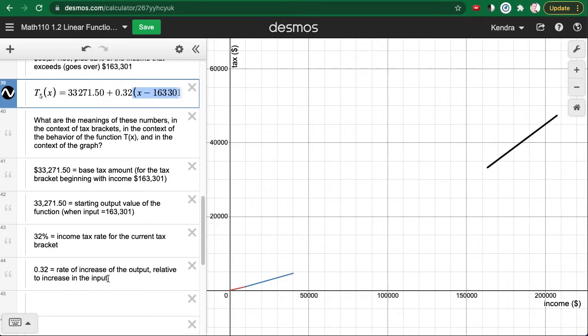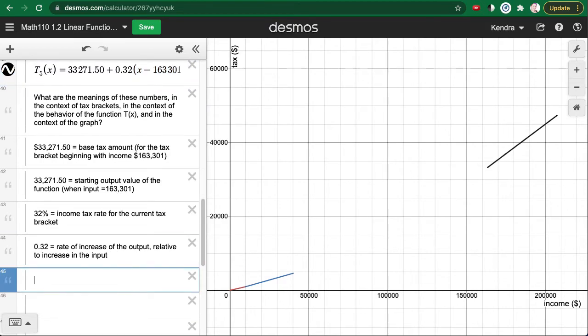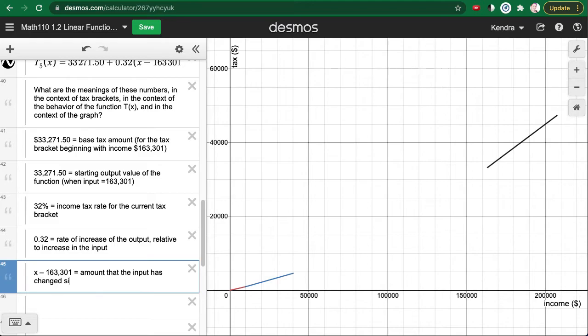So it is worth putting in there that the x minus 163,301 is the amount that the input has changed since the starting amount, right?